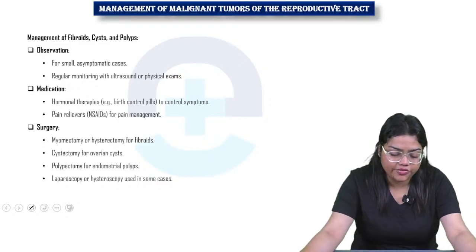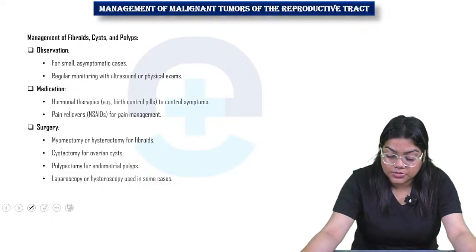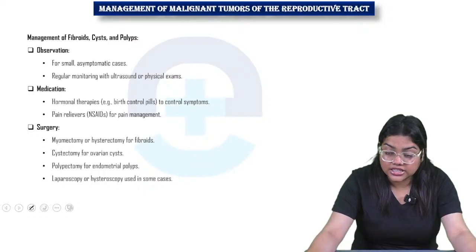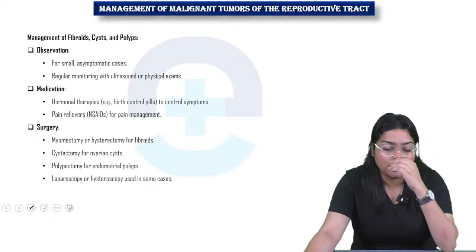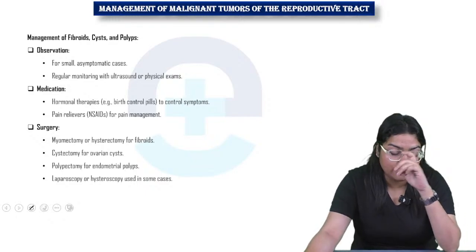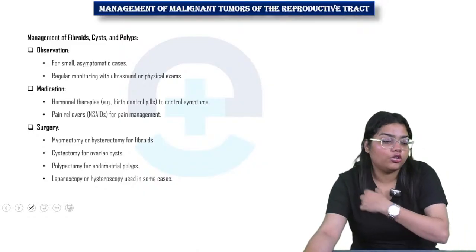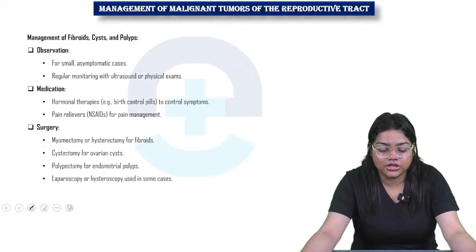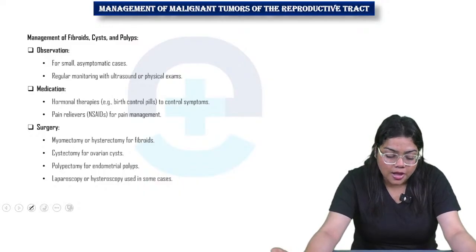For medication, we can give hormonal therapies like birth control pills to control the symptoms, especially for cysts. Then pain relievers or non-steroidal anti-inflammatory drugs for pain management. Also, we have to maintain a strict diet: a low fat, high fiber diet, and a low fat, low carb diet should be given to the patient.